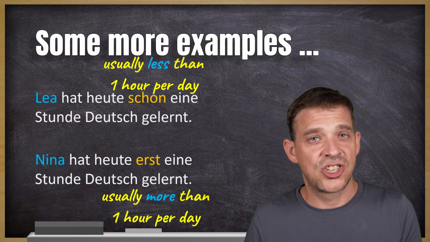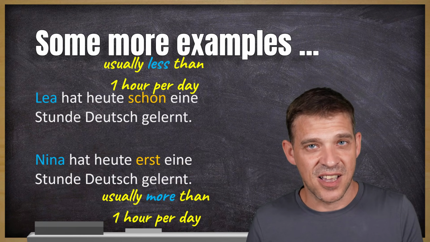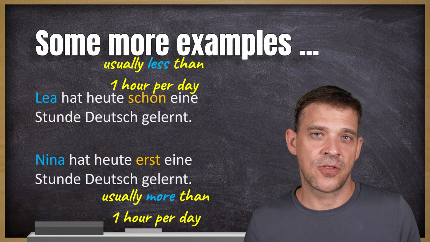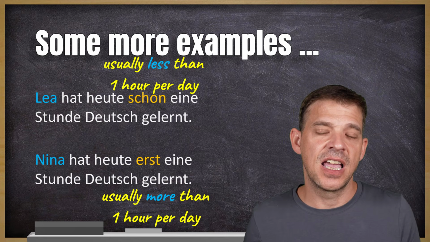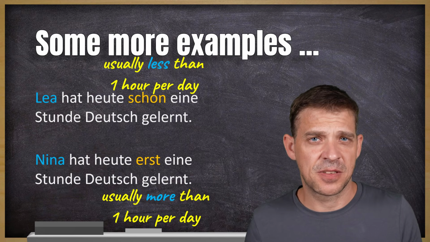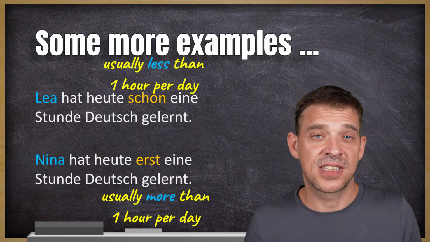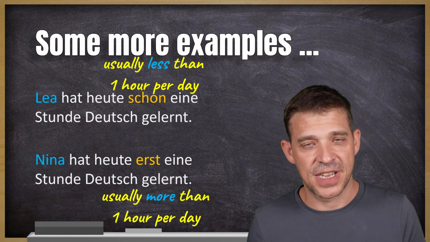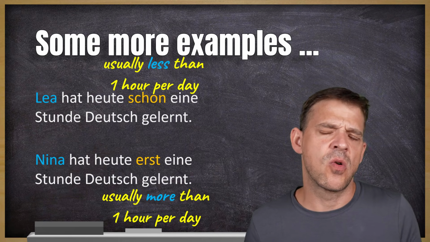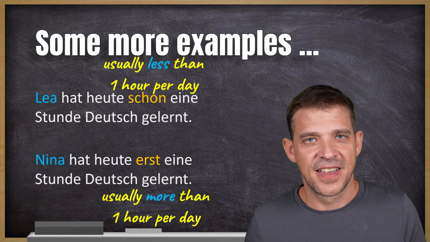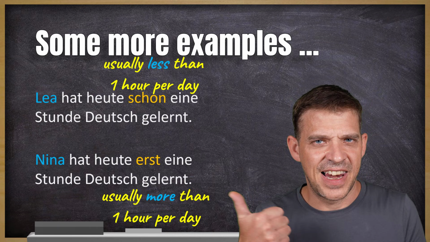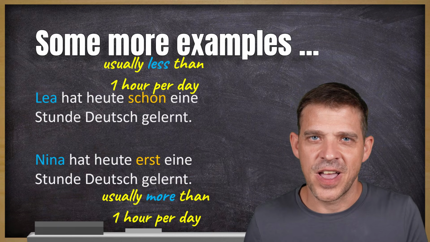This means she usually spends studying German more than an hour per day. So for Nina, this 1 hour, eine Stunde, is nothing amazing, nothing special, because usually she studies more than an hour per day. That's why I say, oh, erst eine Stunde, because for her it's not a lot. By the way, be like Lea, 1 hour per day is way enough.